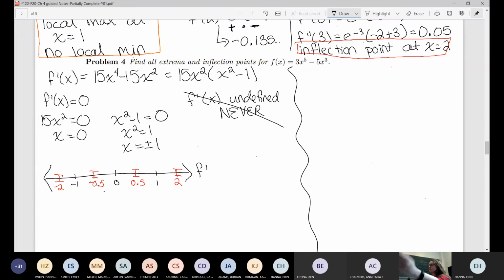I'm moving. Oh, sorry, Anastasia, go ahead. If we don't write that f prime of x is never undefined on our exam for these problems, would we lose points? Probably like half a point, but nothing crazy.